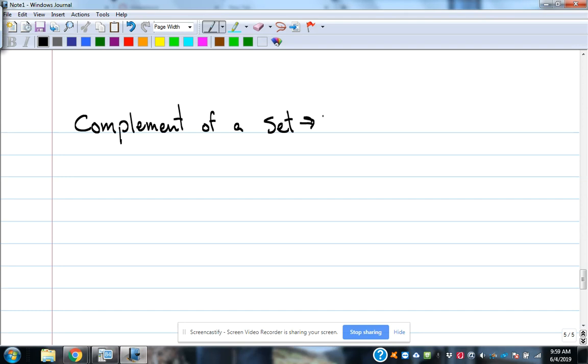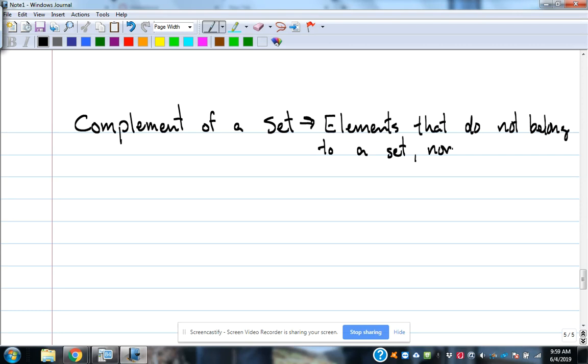A complement of a set, the definition of that is the elements that do not belong to a set, normally from a larger or universal set.